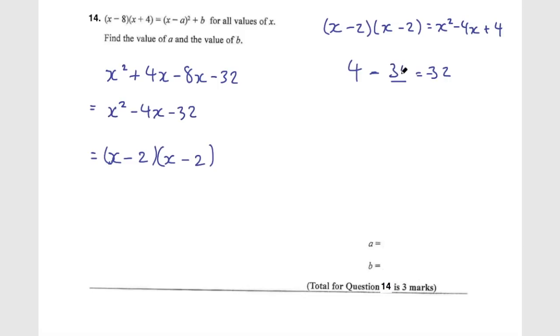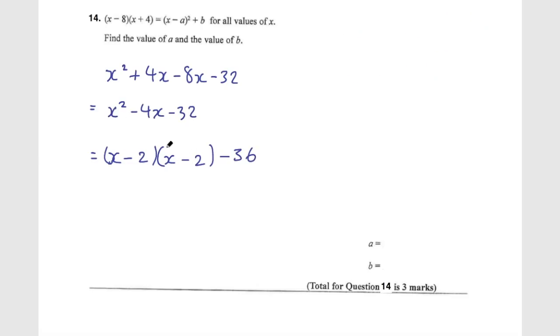And this will be negative 36. So 4 minus 36 is negative 32. So to make x squared minus 4x minus 32 equal to x minus 2, x minus 2, I need to take away 36. Once I've expanded those out and I subtract 36, it would equal this.